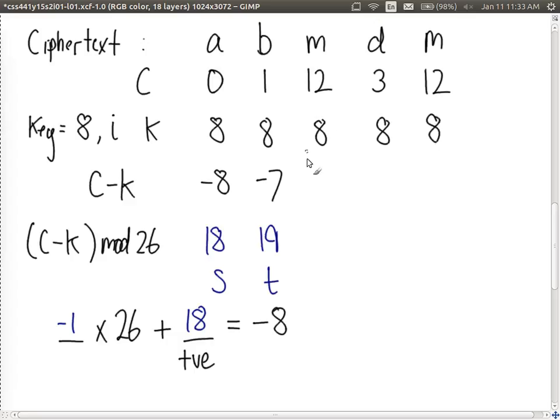The ciphertext value minus the key of 8. 4 mod 26, that's an easy one. And 4 is the letter E. -5 mod 26, 21.